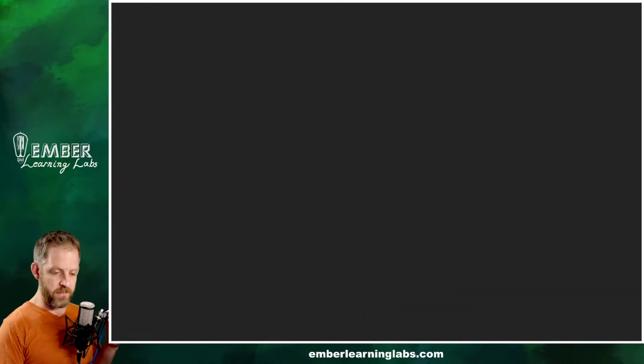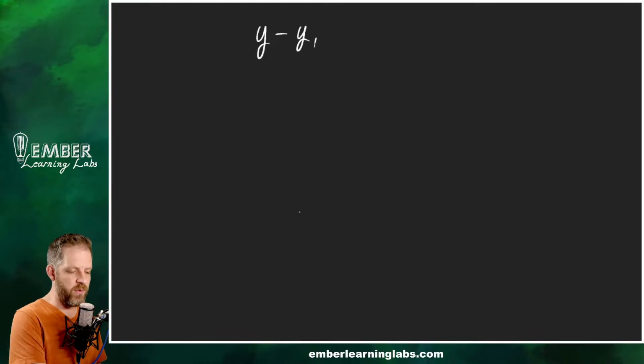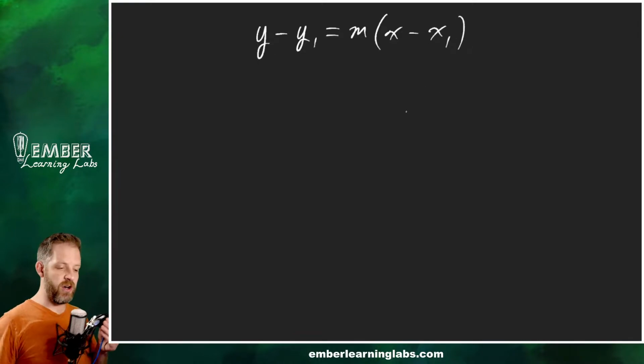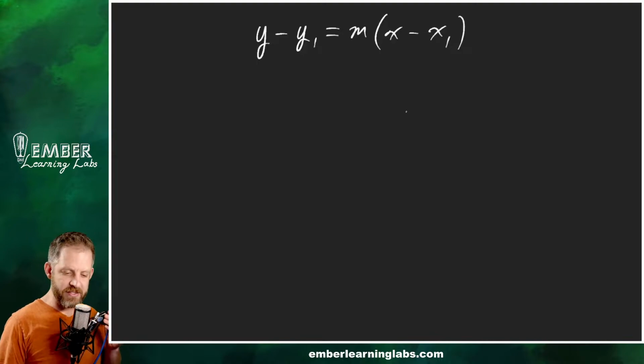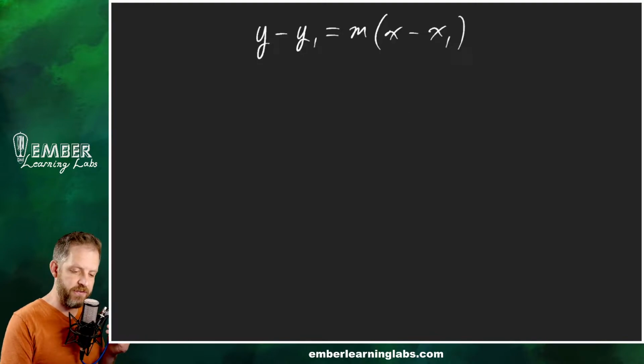So point slope form looks like this. It looks like y minus y1 equals m times x minus x1, right? And so we've got some pieces that are the same and some pieces that are different.